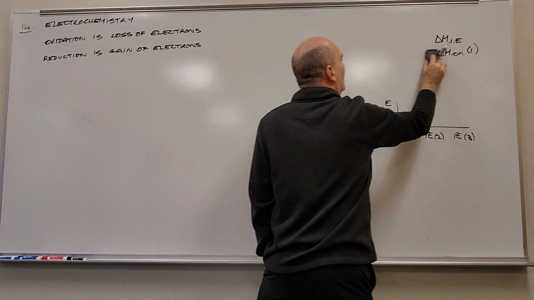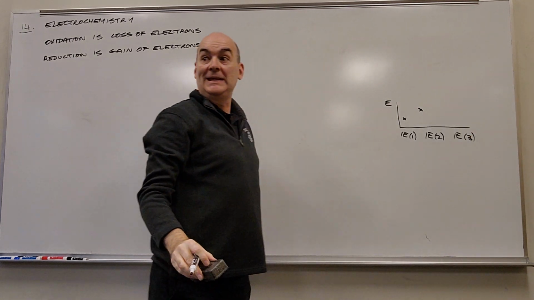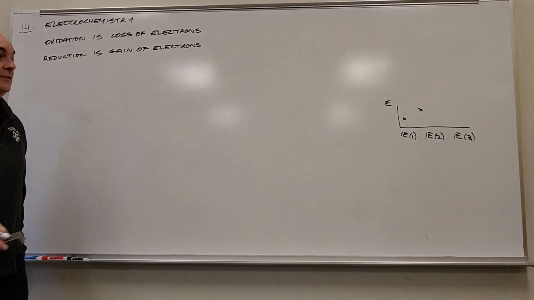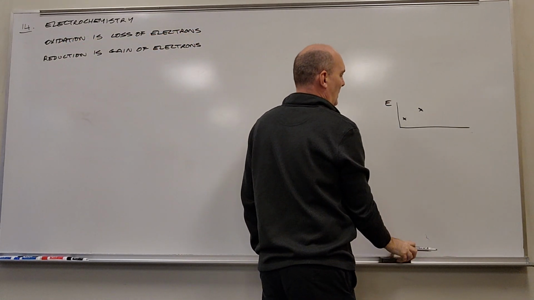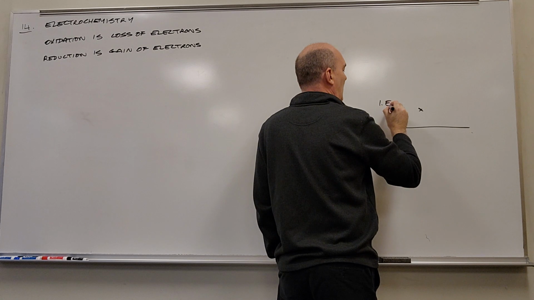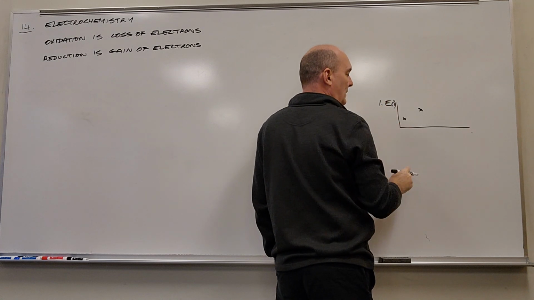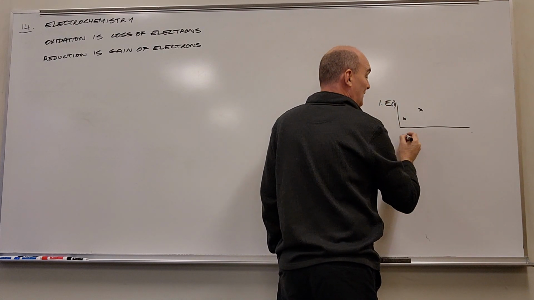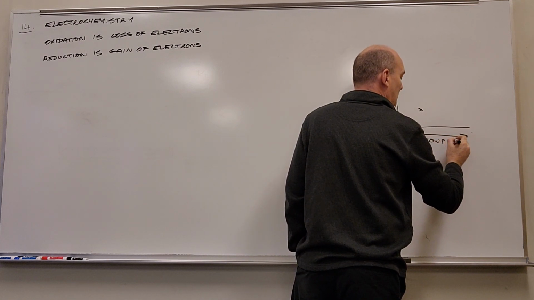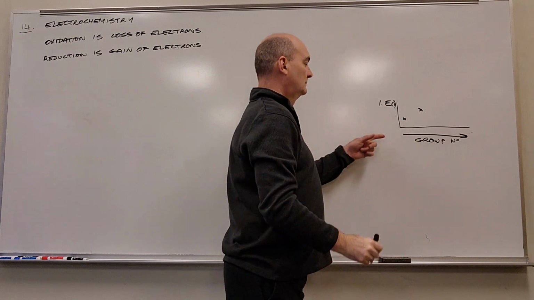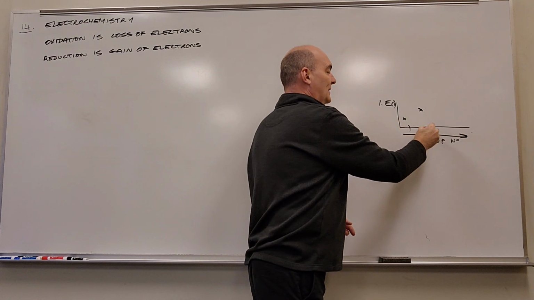And the further you are to the left, the easier it is. If we plot IE1 energies versus group number, group 1 has it easy.